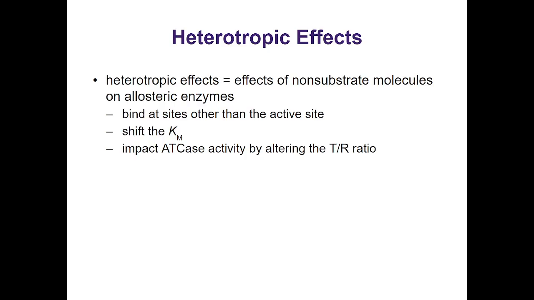And then we have allosteric compounds. These are getting affected by heterotropic effects, which is the effects of the non-substrate molecules on the allosteric enzymes. So these are going to bind at sites other than your active site again. They're going to shift the Km. They're going to impact the ATCase activity by altering the T and R state ratios.